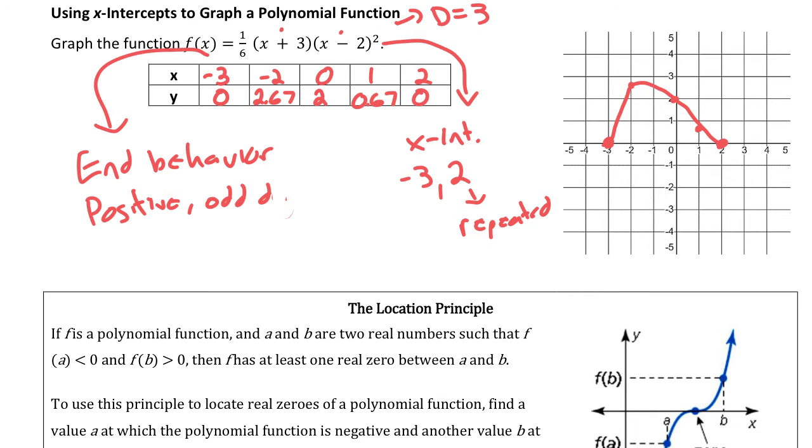Odd degree, D-E-G. So what that's going to look like is up to the right, down to the left. And that should kind of make sense because -3 crosses through and 2 bounces off because it's repeated. So coming back to things we learned before, just applying those different things. So understanding some end behavior, understanding how the intercepts interact with the x-axis, that's important, okay?